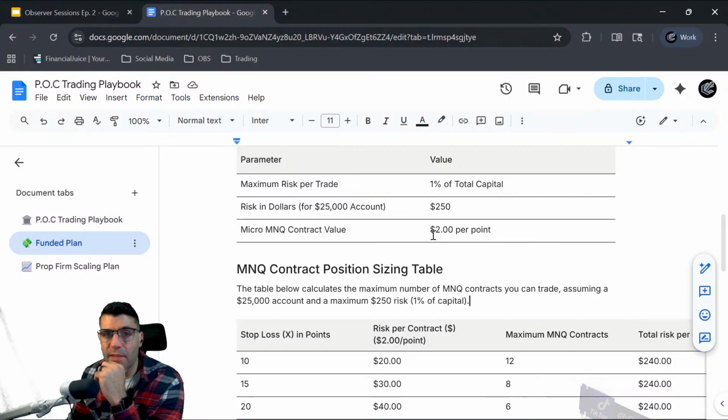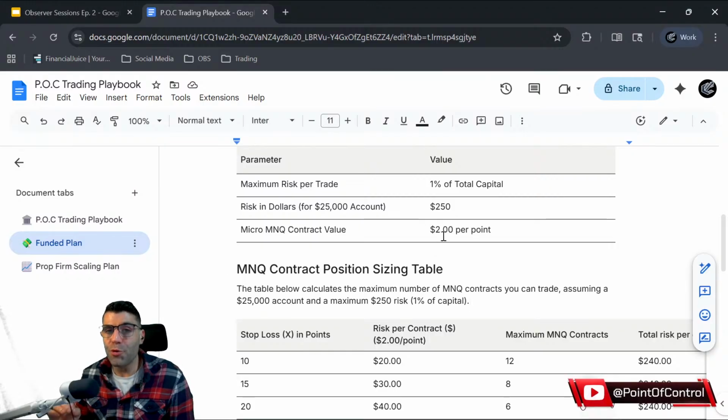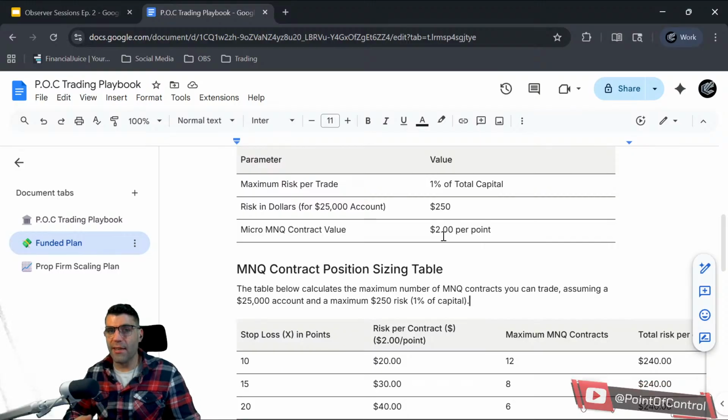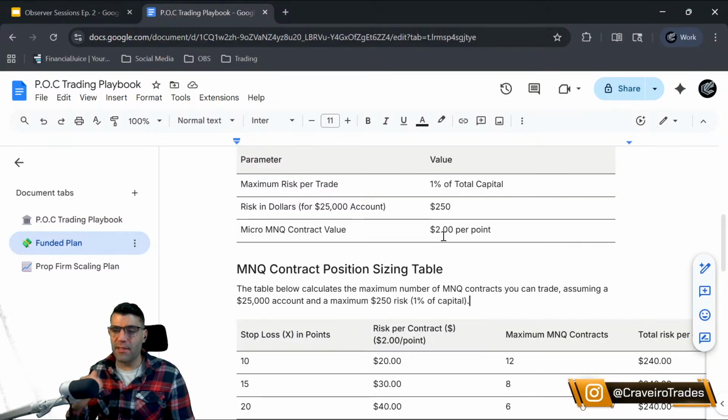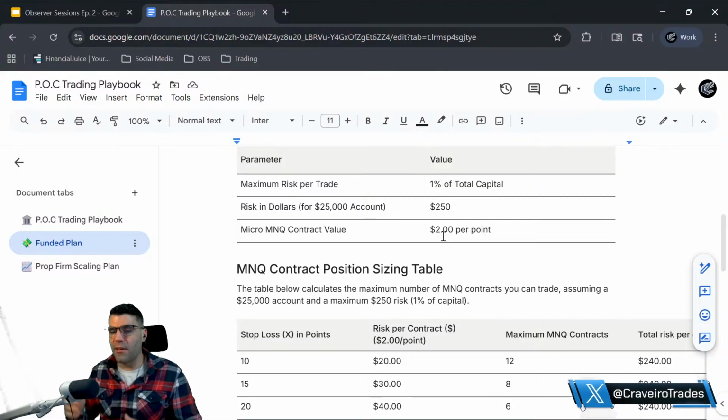So what that means is that for every point that the NASDAQ moves, or MNQ, micro NASDAQ contracts, that is $2 you are either making or losing for every point that the chart moves. So if the chart moves 100 points, that is $200 in either direction.